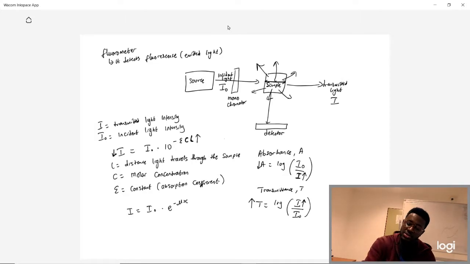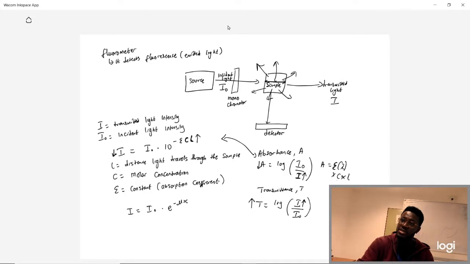Relating these two equations together, your A is given as your absorption coefficient at a particular wavelength, times your concentration, times your length.